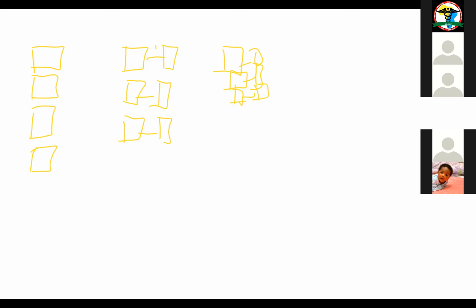I'm very sure you guys are wondering what those diagrams mean. The first one on this line is a DNA. This is a chromosome, and also this is actually a chromosome. But I'm going to explain the difference.